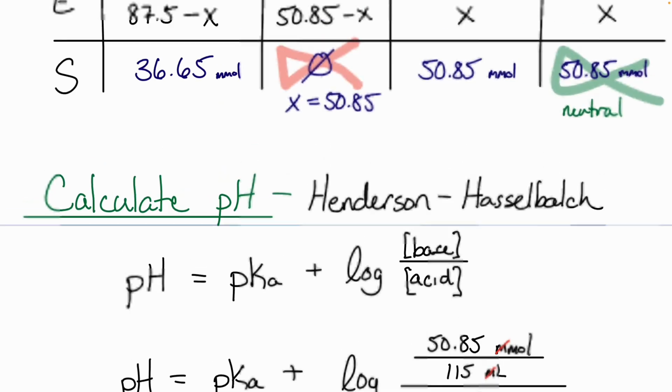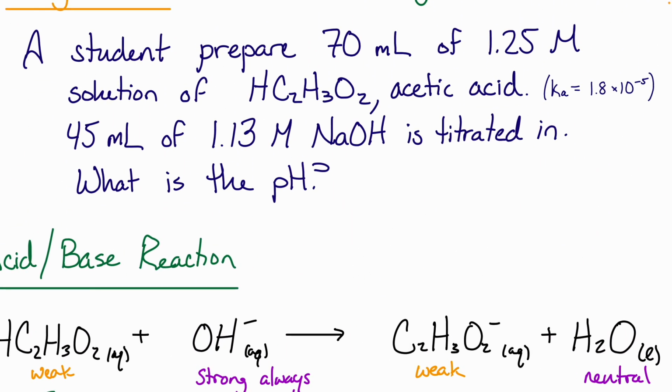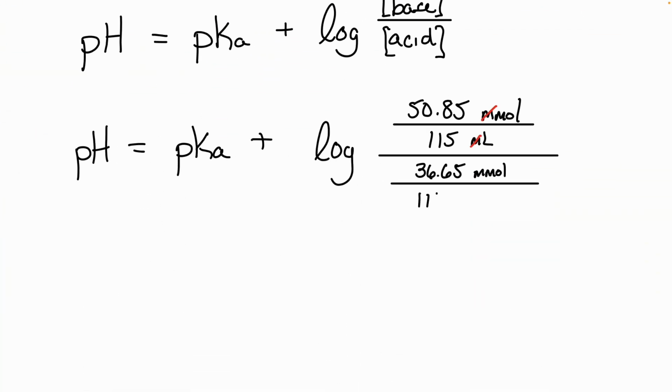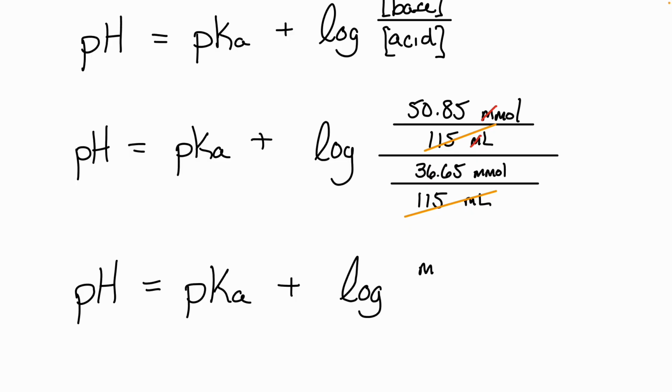But what's the volume of this weak acid solution now? Also 115. All right, and notice that we got 115 in the numerator, 115 in the denominator. So since we're taking a ratio here, it turns out that we can also simplify our Henderson-Hasselbalch equation to being pH equals pKa plus the log of millimoles base over millimoles acid. Saves us a conversion step.